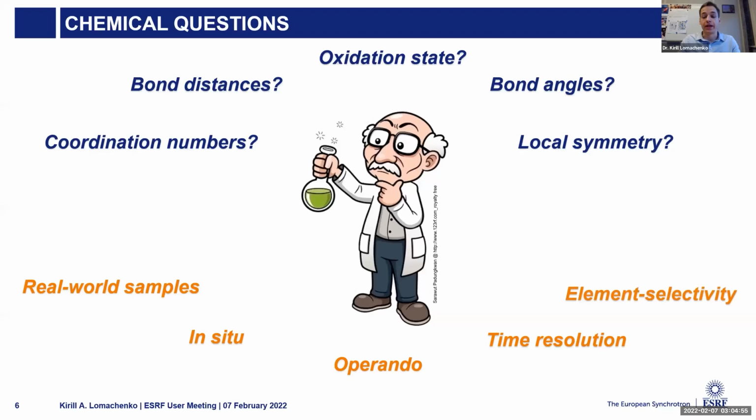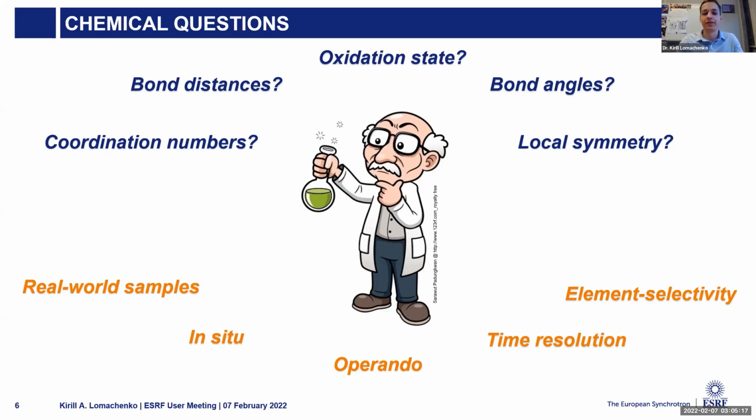And XAS, X-ray absorption spectroscopy, is a technique that can give answers to at least some of these questions under at least some of these constraints. Sometimes it can satisfy them all, sometimes not, but in principle, it's something that can be done with XAS.